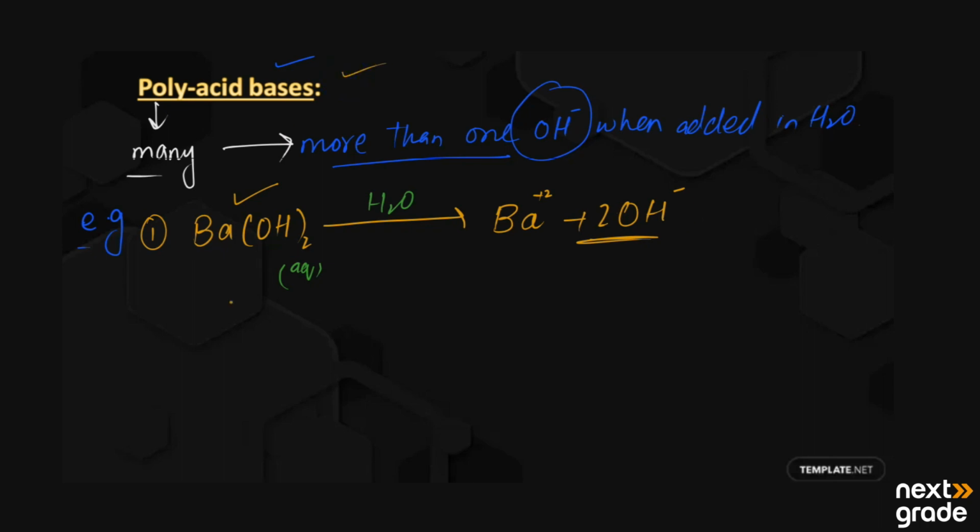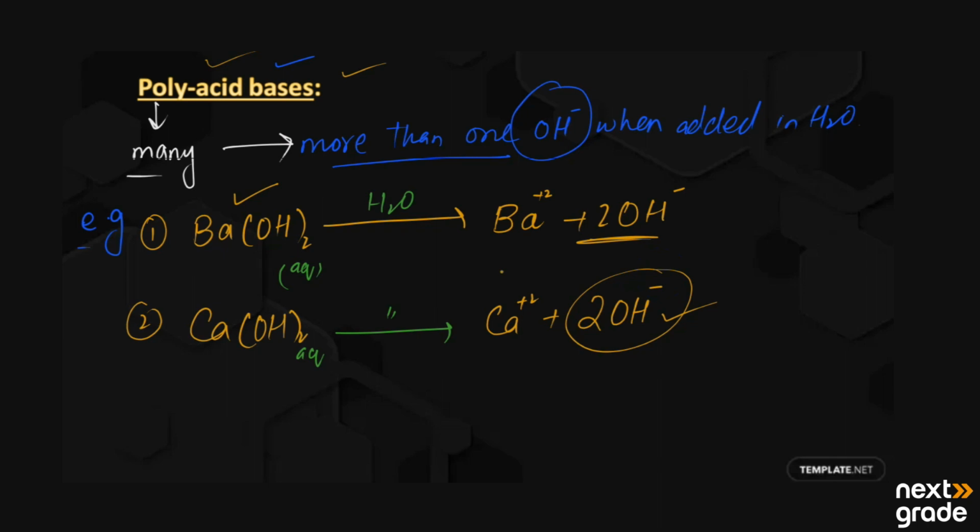So it is known as a polyacid base. The second example is calcium hydroxide. In its aqueous solution, under the same conditions, the products are calcium 2 positive and two hydroxide ions. It also falls under the category of polyacid bases because it has produced two hydroxide ions.